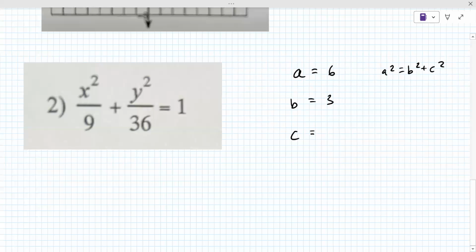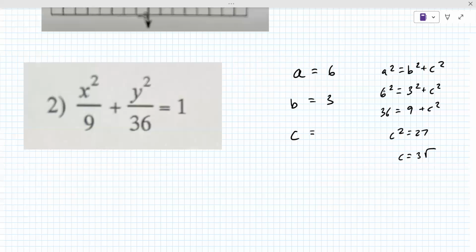That's going to be your overarching thing here. You got to find A, B, C, H, and K. So this time 6 squared is 36, B squared is 9. So you've got 36 equals 9 plus C squared, so C squared equals 27, C equals 3 square root 3. So unfortunately not a nice number there, but yeah, there's worse.